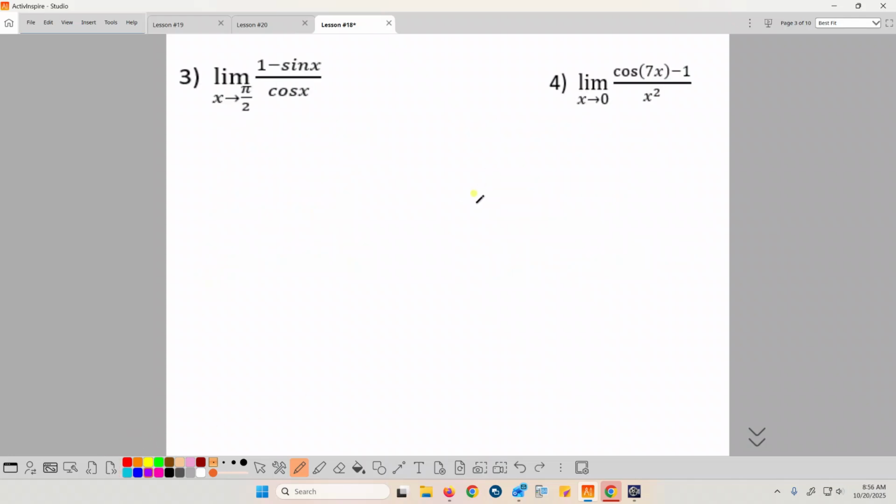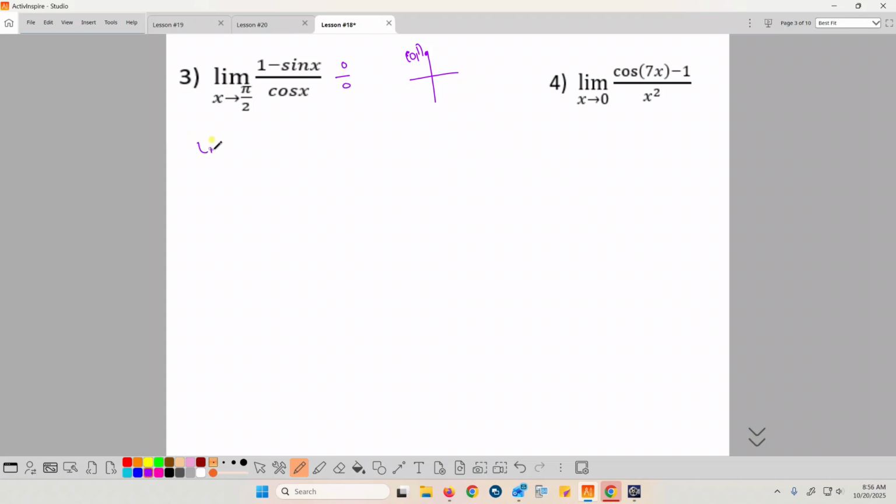All right, let's look at a couple other examples. We can see here 1 minus sine of x over cosine of x. If I plug in pi over 2, think about where pi over 2 is on the unit circle. It's over here, and we know the coordinate for that is 0 and 1. So sine of pi over 2 is 1, so 1 minus 1 is 0, and cosine of pi over 2 is 0.